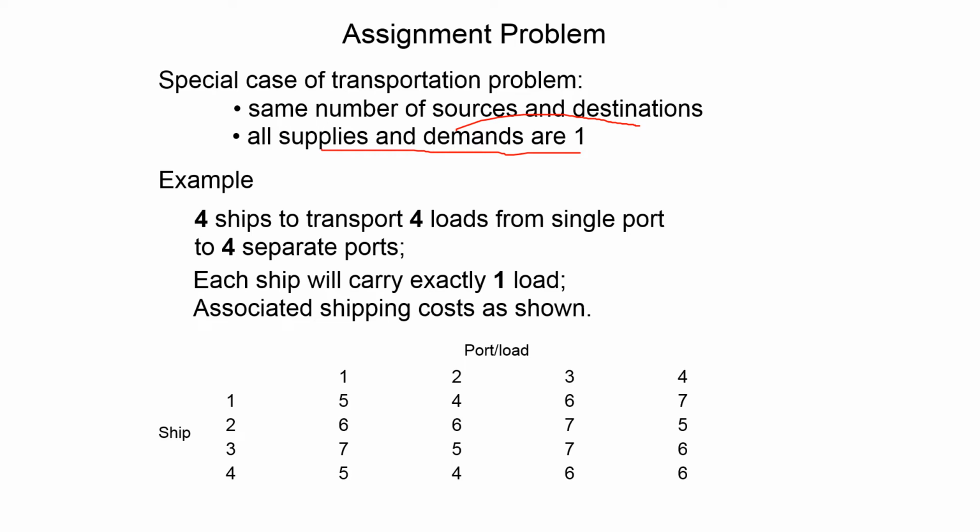That means ships 1, 2, 3, 4, and ports 1, 2, 3, 4. Here are the ships, here are the ports, and if you use ship 1 to transport this load to port 1, then the cost is 5, and so on. This is called an assignment cost table.